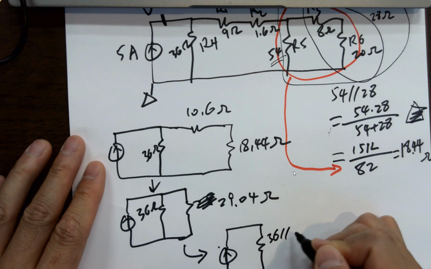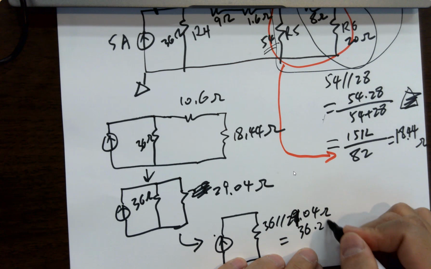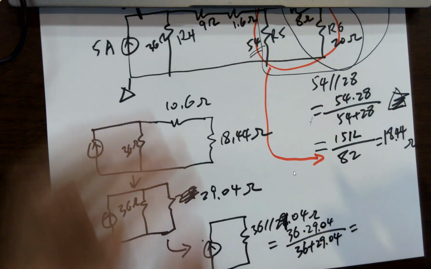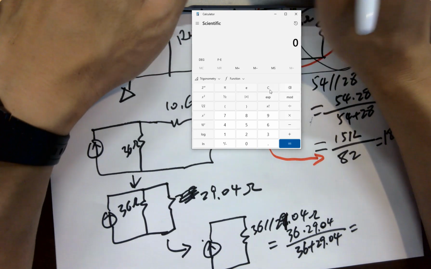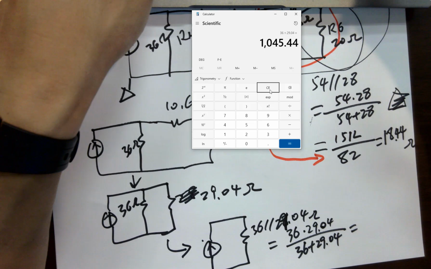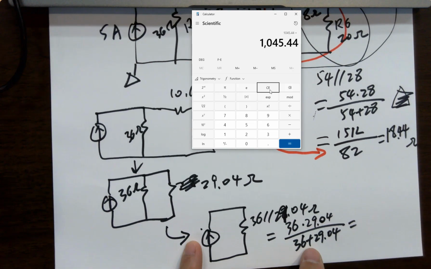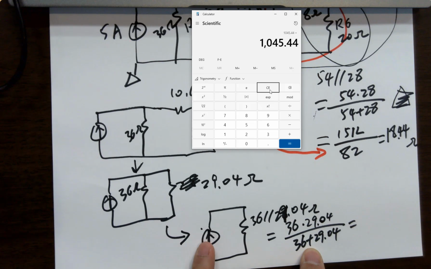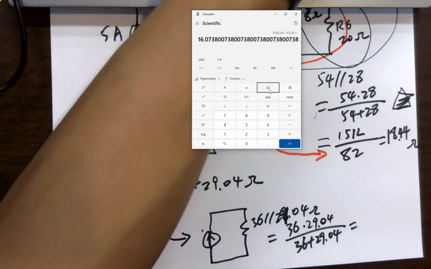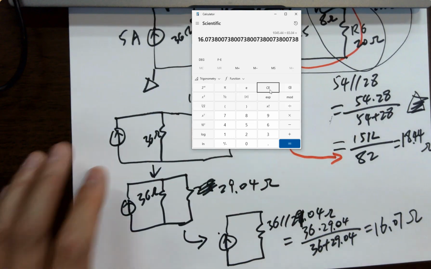That is 36 in parallel with 29.04 ohms, which is 36 times 29.04 over 36 plus 29.04, which is 36 times 29.04 divided by, what is this? 65.04. 16.07 ohms.